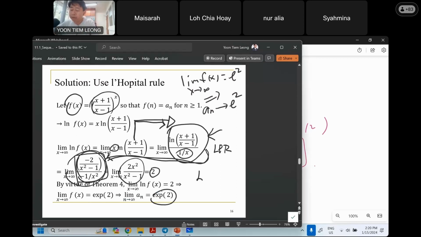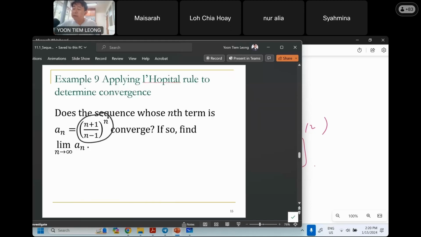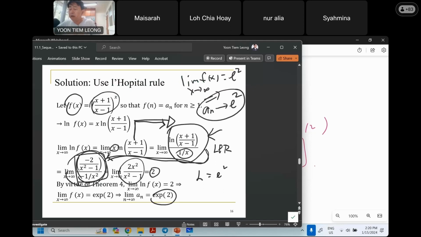Finally, once you have found the limit L, which is e to the power 2, then we say that the limit of the sequence a_n is just e to the power 2. So here, calculating the limit of a sequence is transferred into the problem of calculating the limit of the function f(x).